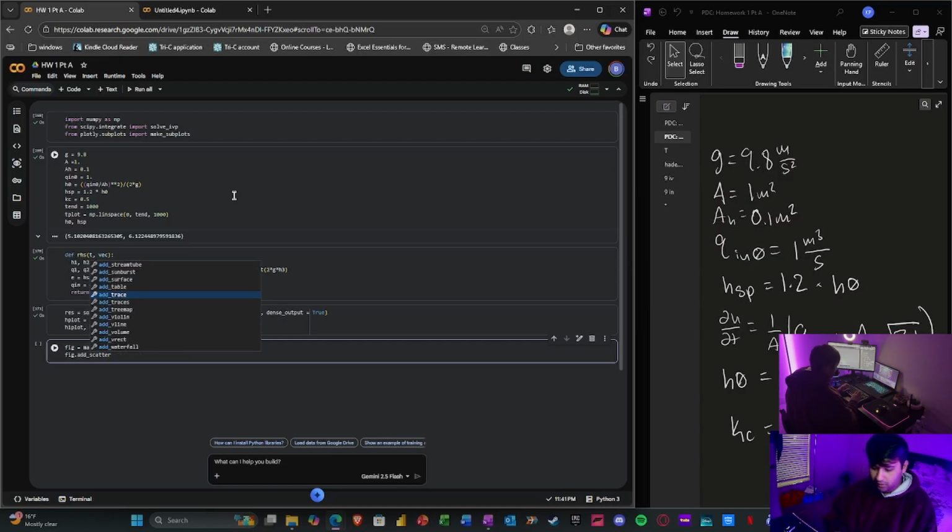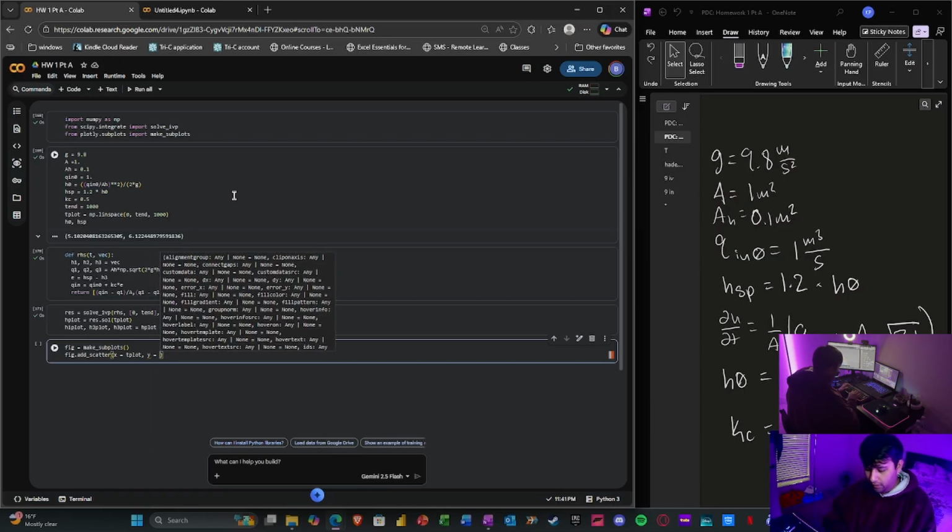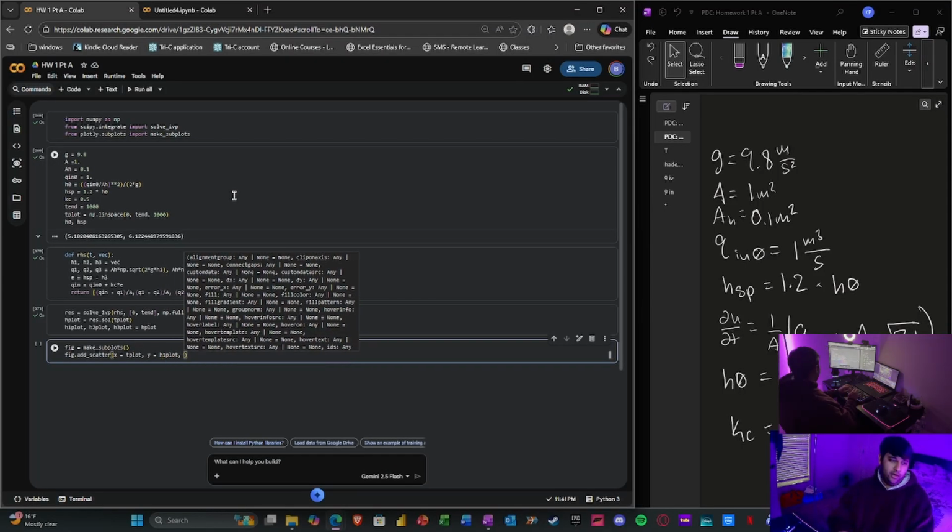Under scatter, x equals t plot, y equals h1 plot, and the scatter is basically we're just defining our x-axis and y-axis, and this is going to apply to all three curves. So we're just going to show that okay, this is what the plot will look like.